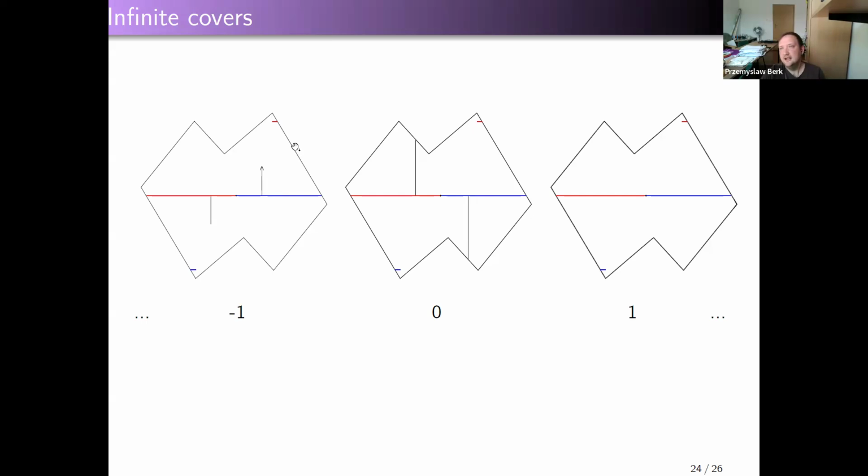So now my translation surface is not a single octagon, as in this picture, but infinite copies of the octagon. And I've got this flow, which you can think of as a cover of the translation flow on the single copy, but it can go through many copies.